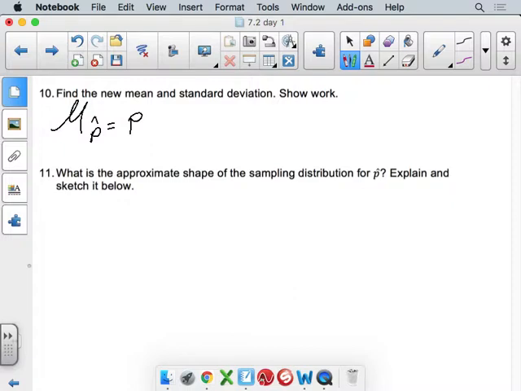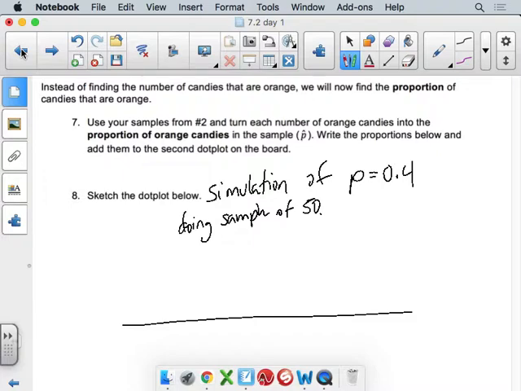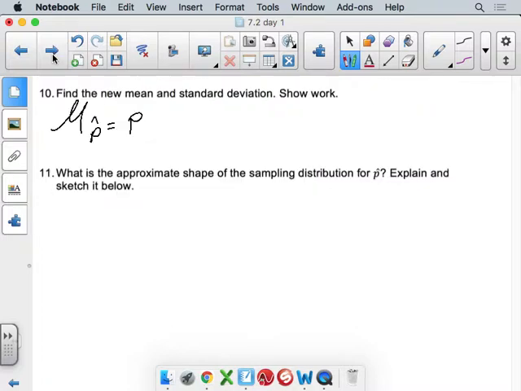On the Reese's Pieces simulation, the average of all those dots should average out at about 40% over many, many trials. So the mean of all of those sample p-hats is 40%.